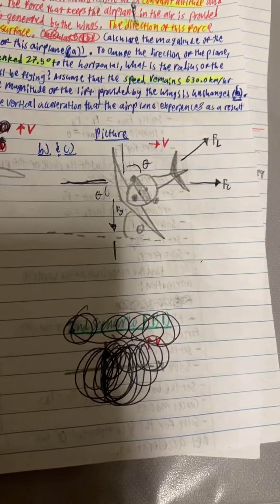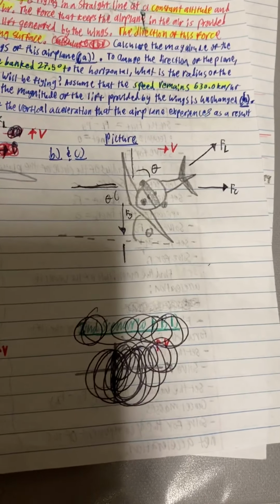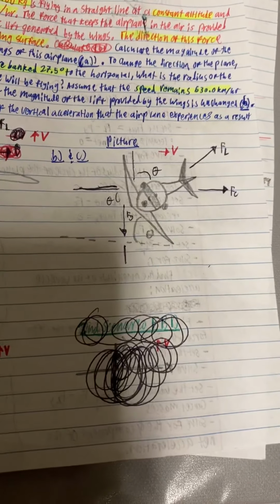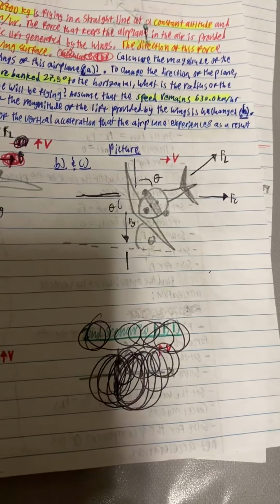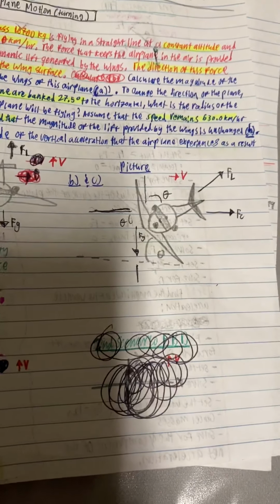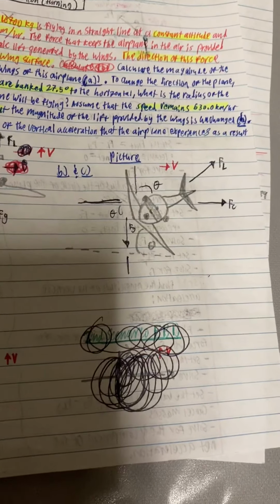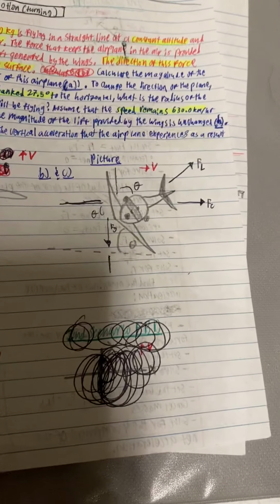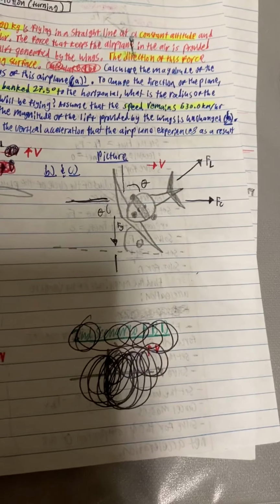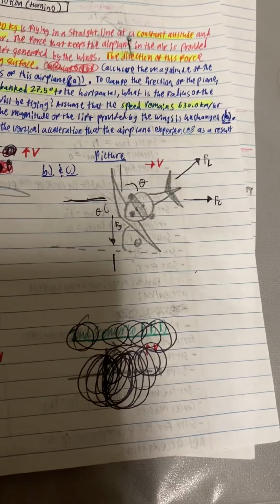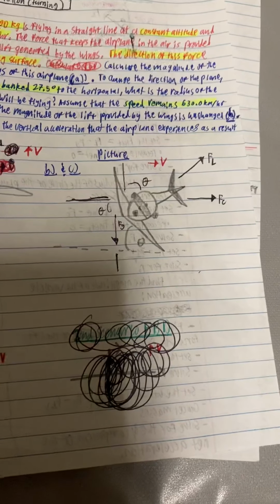Okay, part B and C's picture can be indicated by this. I drew this kind of a coordinate system, and it looks sort of like a free body diagram, but I'll explain why in a minute. So we have three forces affecting here, which is the force of the lift, which is perpendicular to the plane still, so keep that in mind of the direction it's going in. The centripetal force, which is directly right, and the force of gravity, which is directly down.